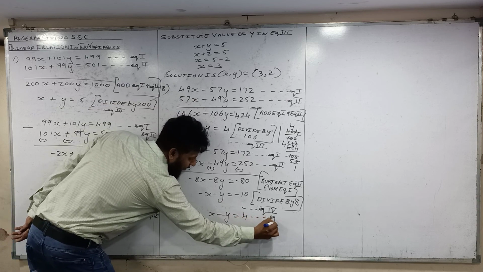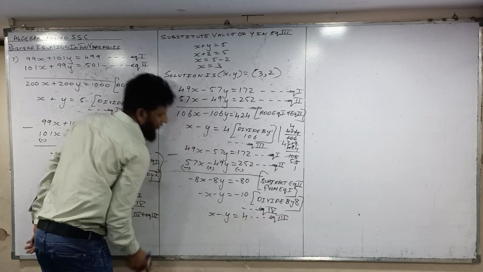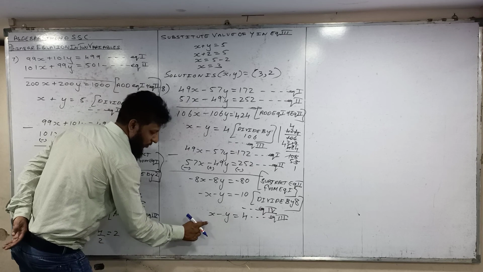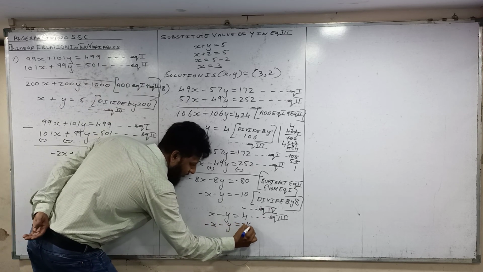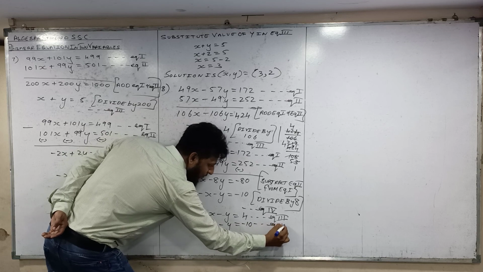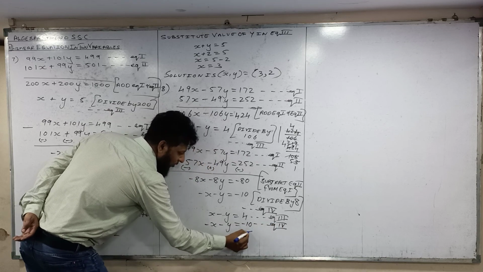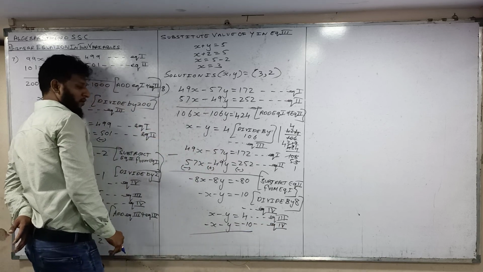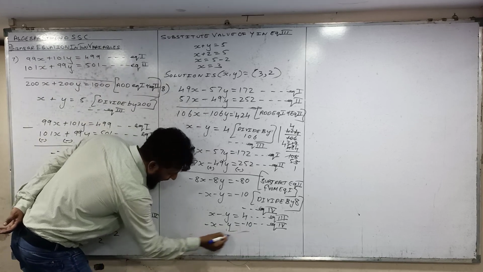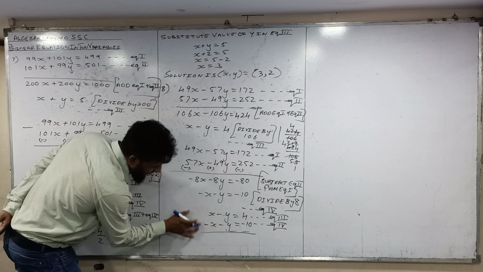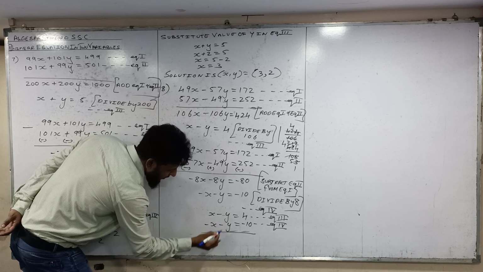Write this as equation 3: x minus y is equal to 4. Here, when we have to change the sign, we write subtract. Here you can see minus x and plus x is there, so no need to change the sign.